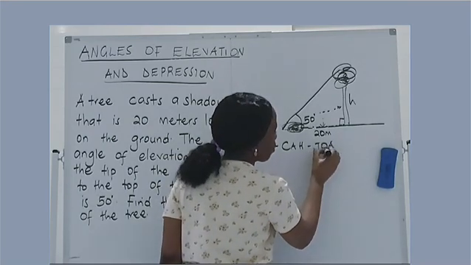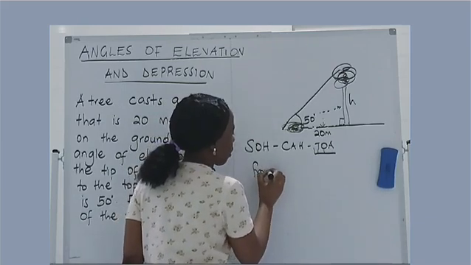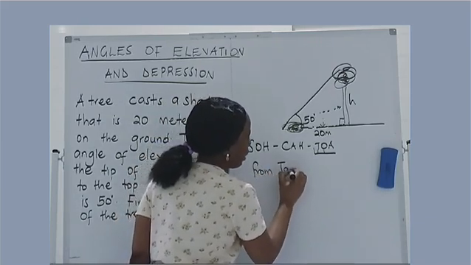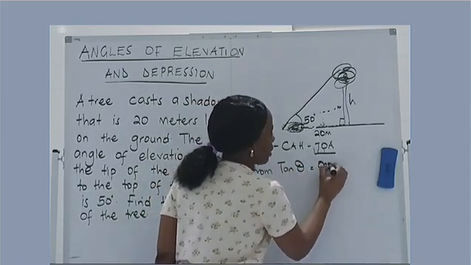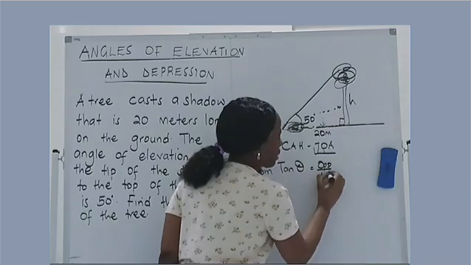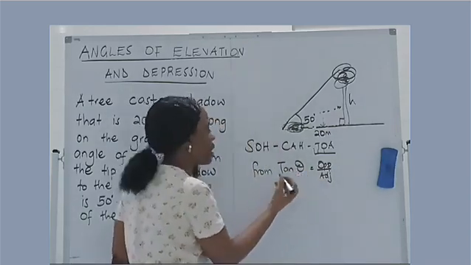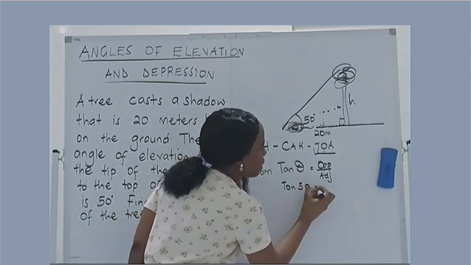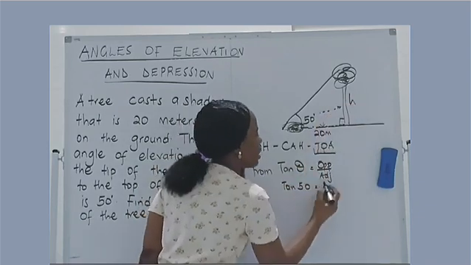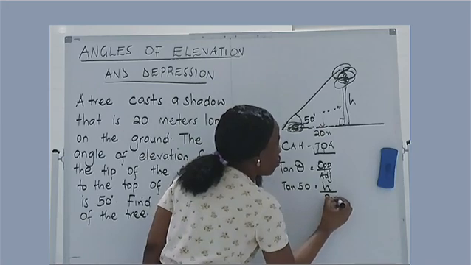Tan is opposite over adjacent. So tan of theta is equal to opposite over adjacent. Now what is your angle? Your angle is 50 degrees. Therefore, tan 50 is equal to, my opposite is h, and the adjacent is 20.